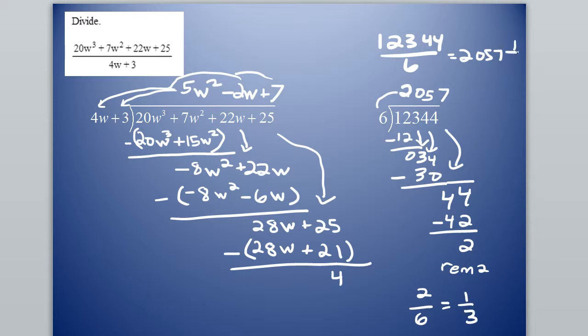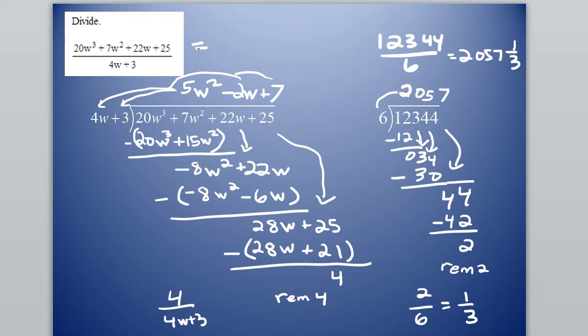And so you could write your answer exactly like that. Technically, there's a plus here. It's written as a mixed number, but to parallel what we're going to do over here, we have a remainder of 4. And so we take that remainder and we put it over what we were dividing by. And that's what we put in our answer.